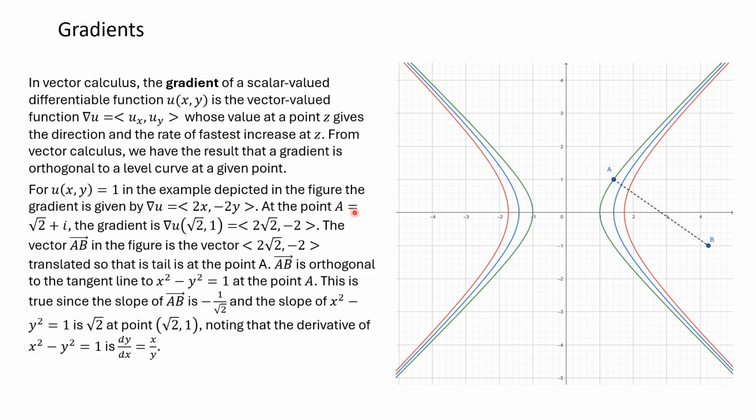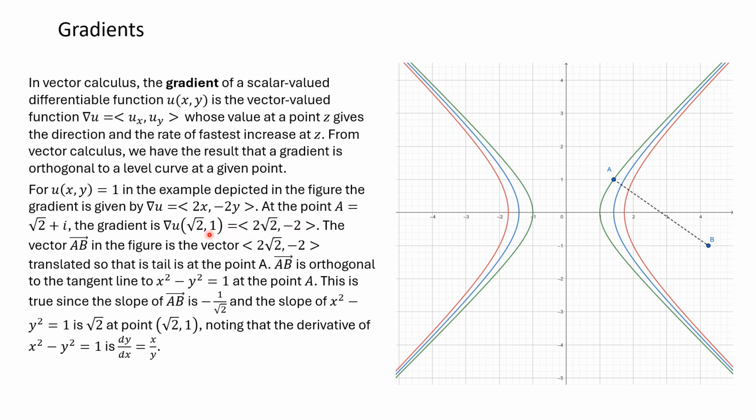And so at the point A equals square root of 2 plus i, which is here, we plug in the square root of 2 for x and 1 for y into our gradient formula, and we get (2 times the square root of 2, minus 2).